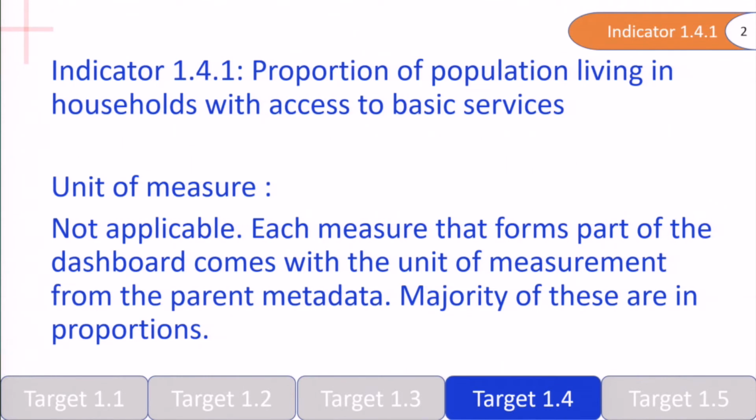So, there are indicators to measure this target. There are totally 2 indicators. The first indicator is the proportion of population living in households with access to basic services. The unit of measure is not applicable here, because we have different types by which we need to compute the data.